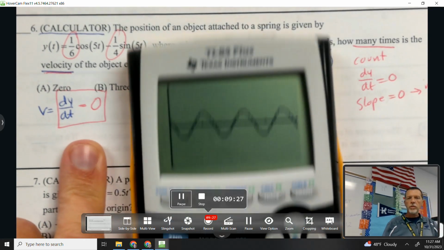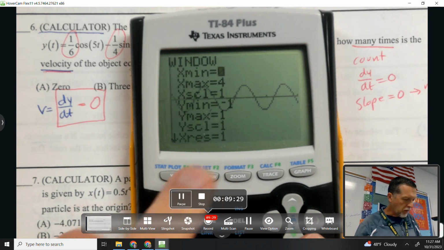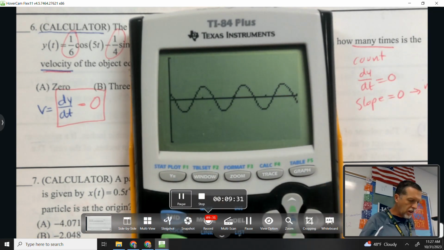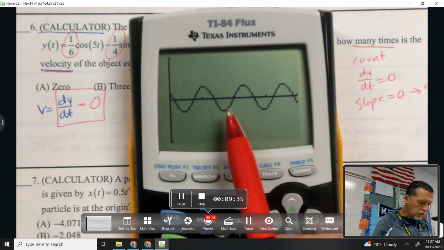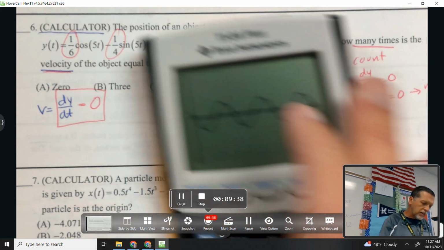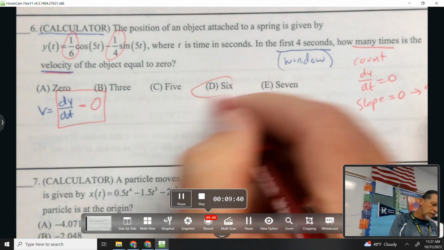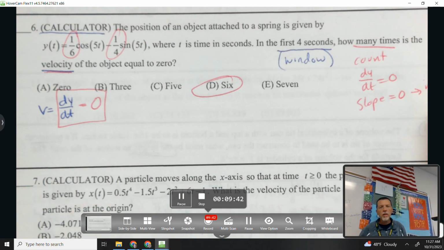As long as my window is 0 to 4, making sure I'm not overcounting or undercounting, I'm just counting the maximums and the minimums. 1, 2, 3, 4, 5, 6. 3 maxes, 3 mins, but 6 places where the slope is 0, which means the velocity is 0.